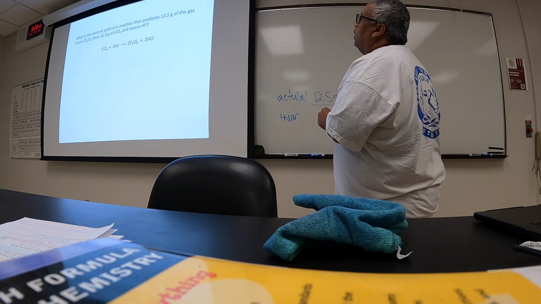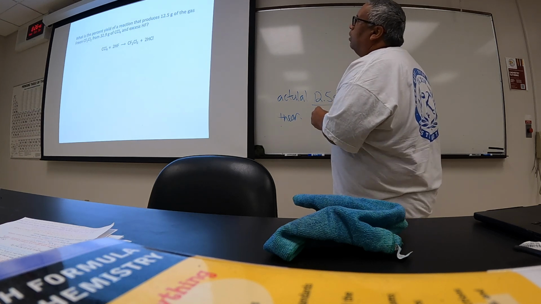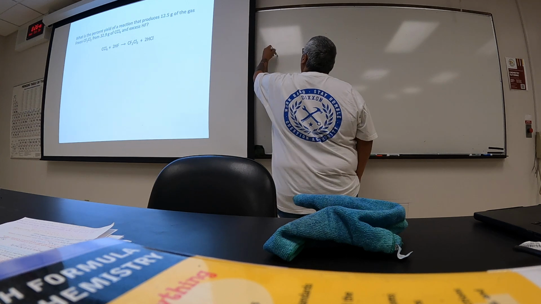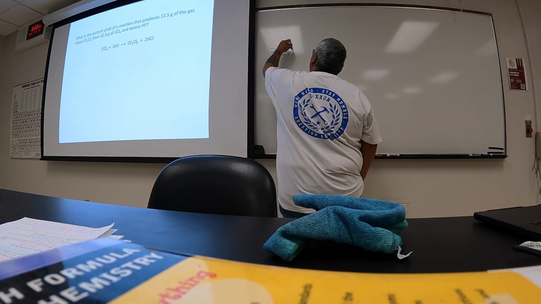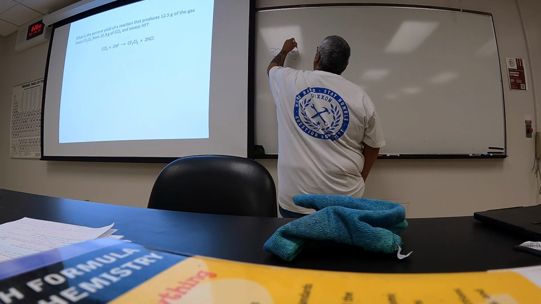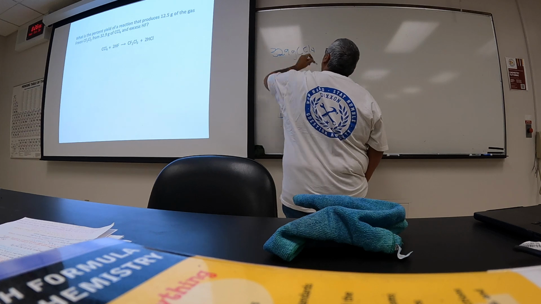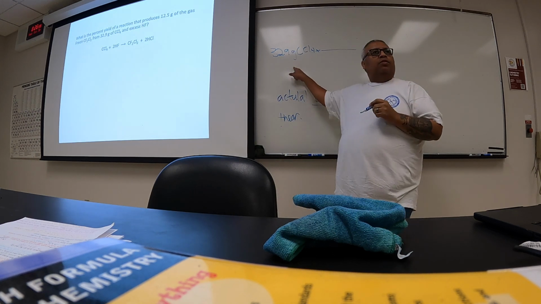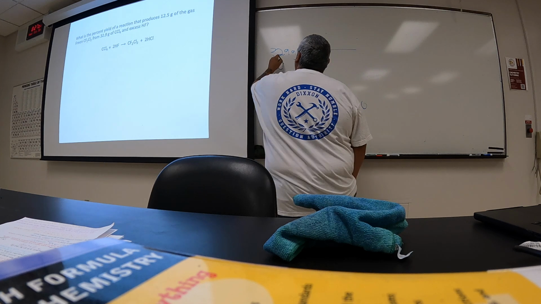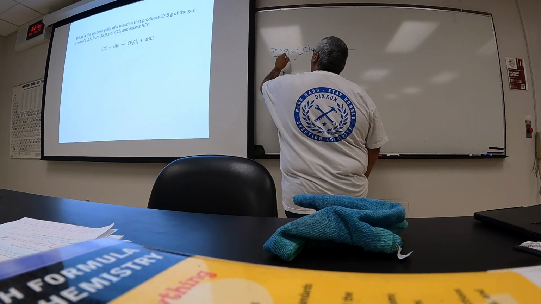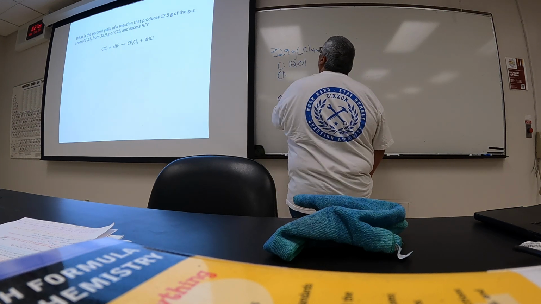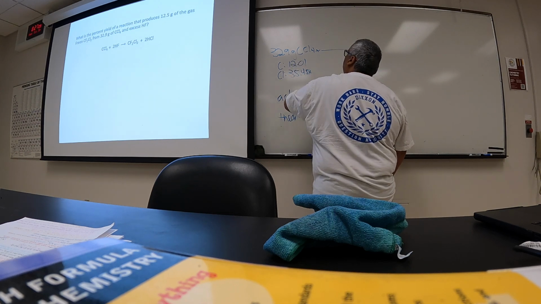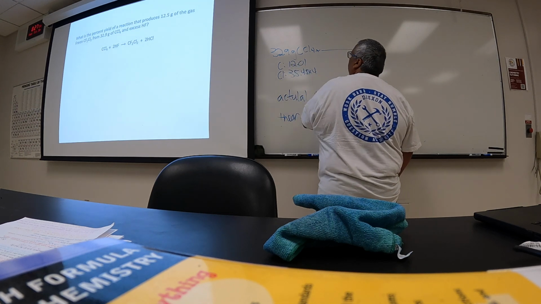So what is the percent yield that produces from 32.9 grams? We're going to start with 32.9 grams of carbon tetrachloride. So step one, we have to convert this into moles. So we have carbon and chloride. Carbon is 12.01. Chloride is 35.45 times 4.